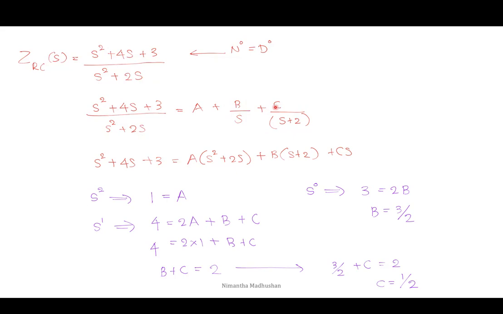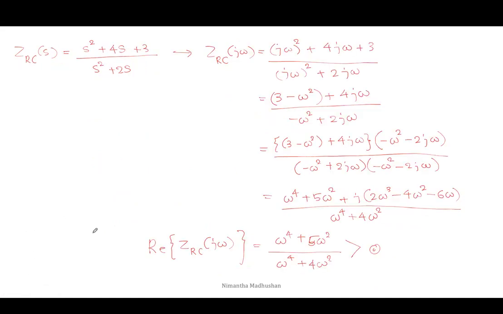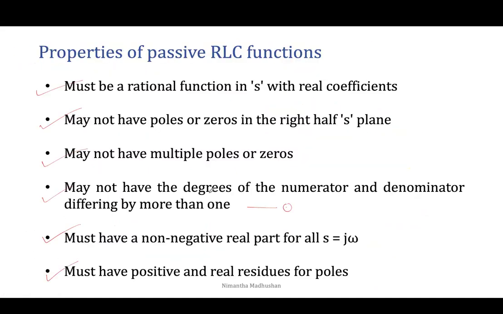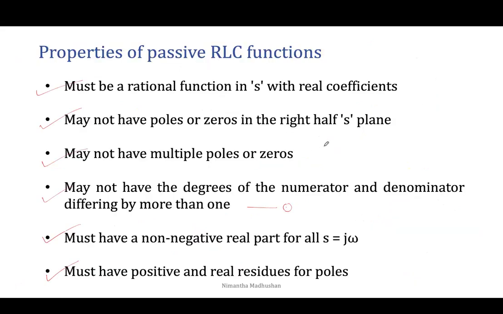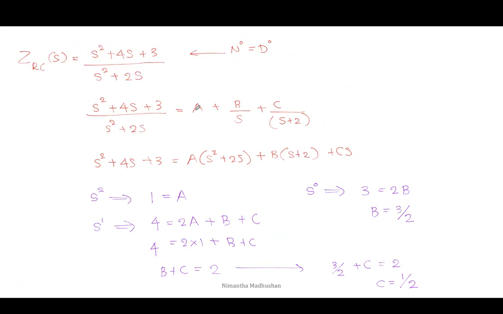The residues are B and C. You can see the value of B is real and positive, and the value of C is also real and positive. Then that condition is also satisfied. Then we can do the synthesis of the passive network. It is an RC network.